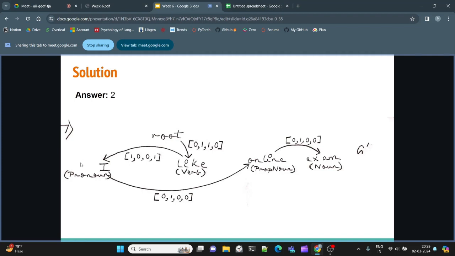Yes. Is this a noun or a pronoun? Yes. So it has a value of 1. Let's take another one, online exam. Is wi a verb? No. So it is 0. What about this one? Again, no, wi is a pronoun and not a verb. So this would be 0. Similarly for the other cases.